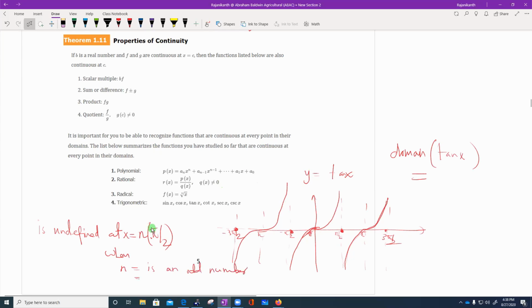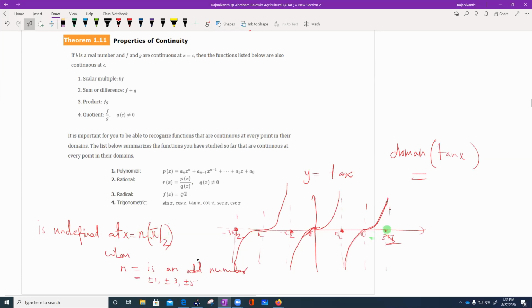For example, n could be plus or minus 1, plus or minus 3, plus or minus 5. So the tangent graph is not defined at the odd multiples of pi over 2.